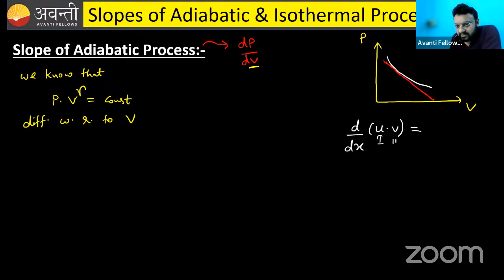This is the first function, this is the second function, and both functions depend on x. Then, first of all, write the first function U and differentiate the second function, plus write the second function as it is and differentiate the first function.